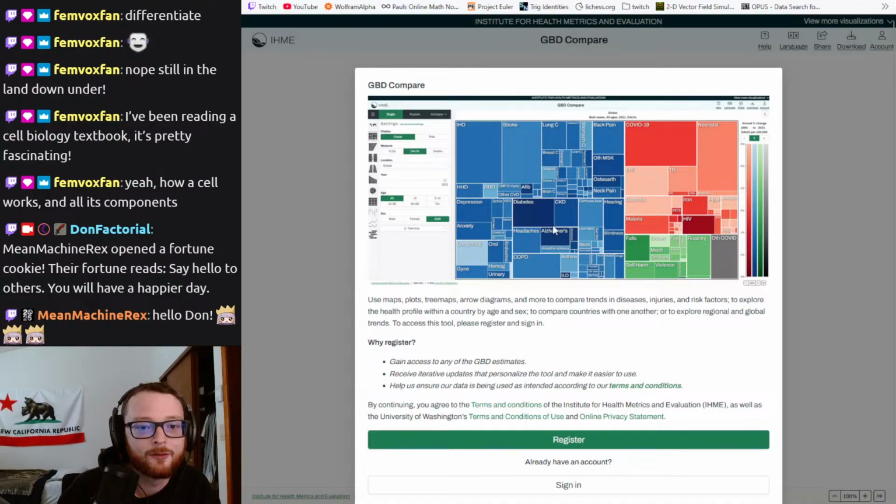It's basically a pie chart but with squares, where the size represents the proportion of the burden of disease that each of these things causes. Like COVID has a big old square, diabetes has a pretty big square, but there's so many different tools and different ways of visualizing this data. I thought it was cool.